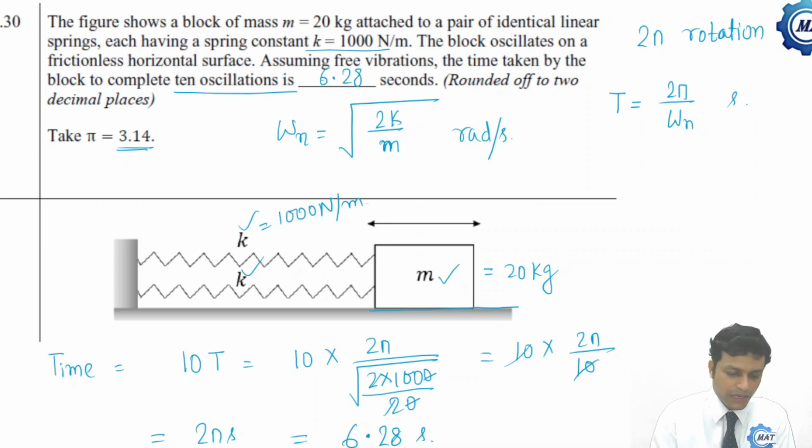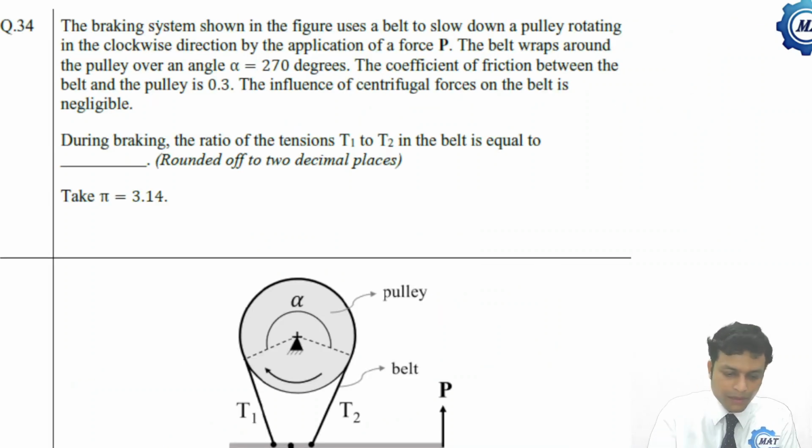Now let us move to the next problem. The braking system shown in the figure uses a belt to slow down a pulley rotating in clockwise direction by application of force P. So this is the braking force P, and this is the pulley which is rotating in clockwise direction.